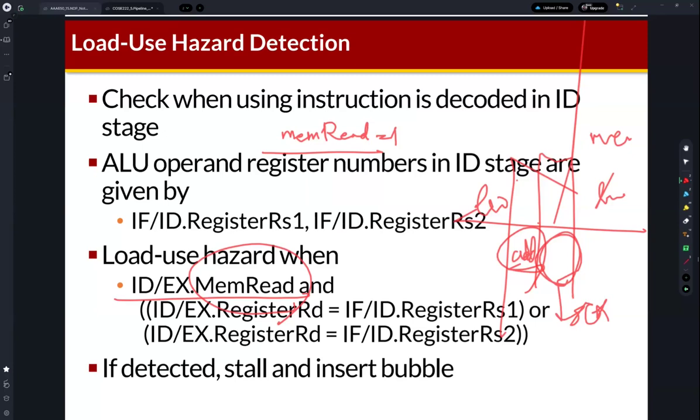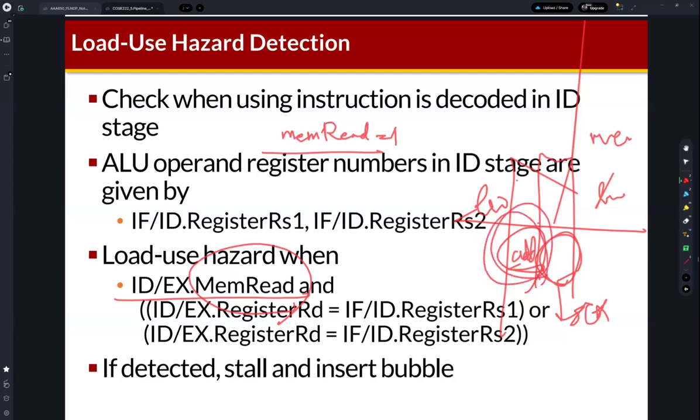Which means the following add instruction is replaced with a bubble, right? Bubble. What does that mean? A bubble means it's no operation. So the pipelined CPU does nothing.